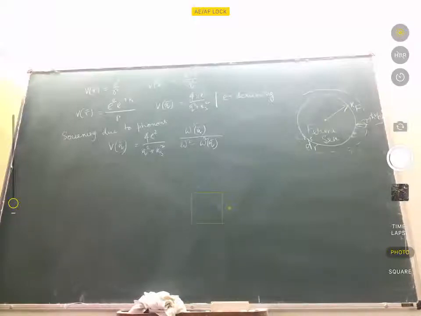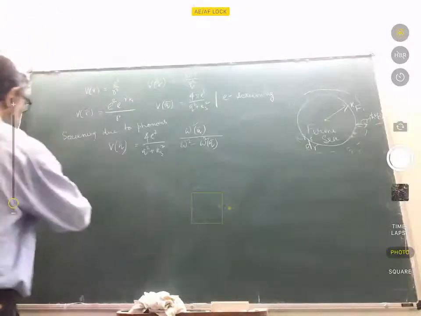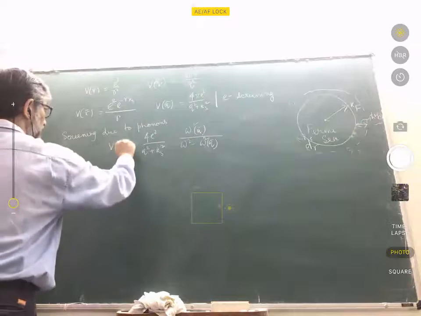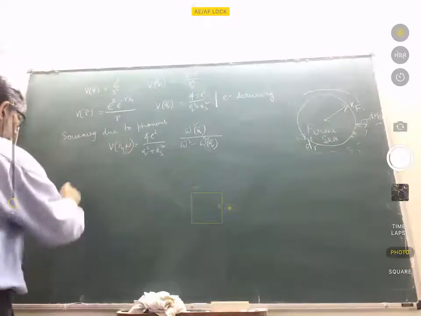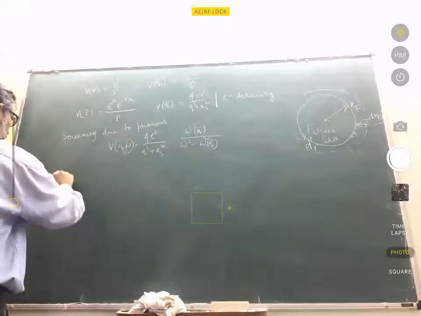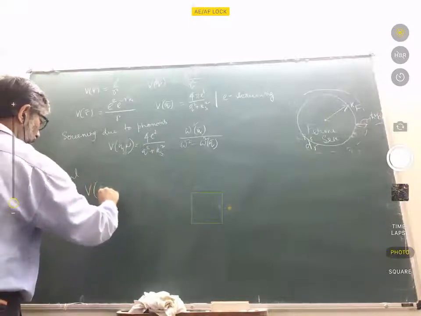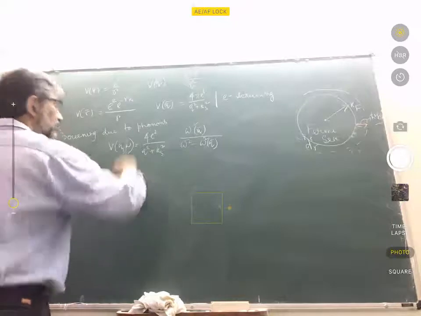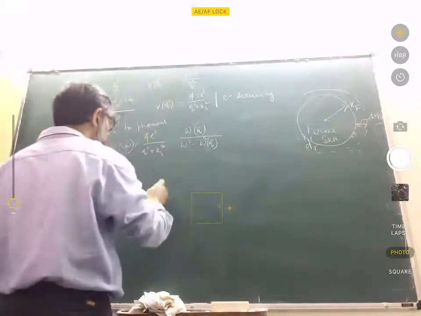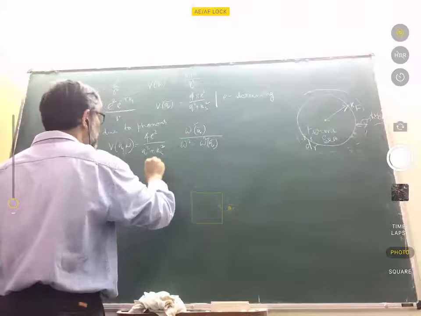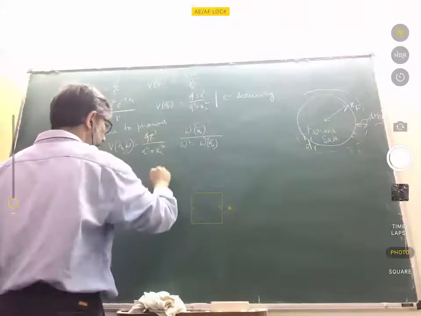So that's the effect of the phonon. Therefore, this is actually a function of q and omega. So the total interaction after electron screening and screening due to phonons is 4 pi.